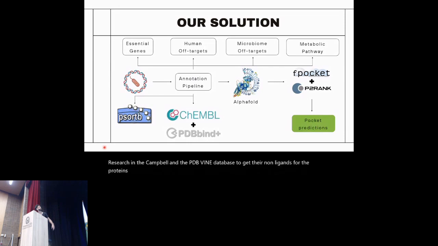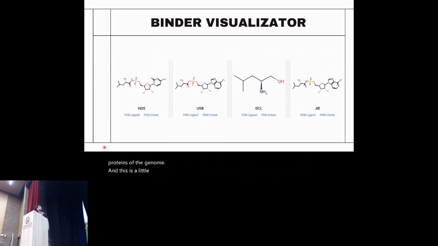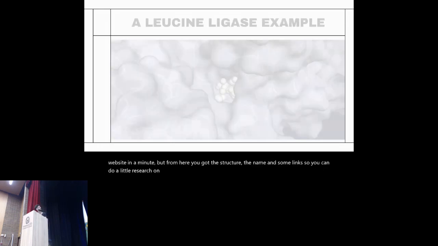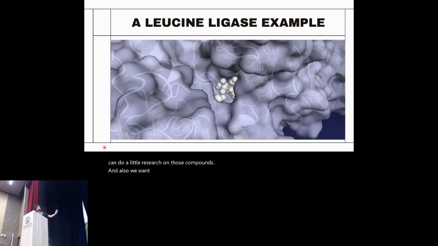And this is a little picture of how it's visualized in the website. I will be talking about the website in a minute, but from here you get the structure, the name, and some links so you can do a little research on those compounds. We also want that so we can validate the results from the pocket prediction analysis.